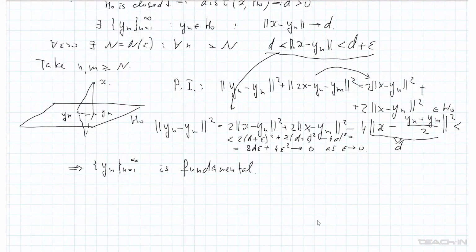You can see we use a special property of our Euclidean norm, the property of the parallelogram identity. So it is fundamental. We immediately obtain that there exists a limit. So let's define this limit as x0. So there exists an element which gives us a distance.